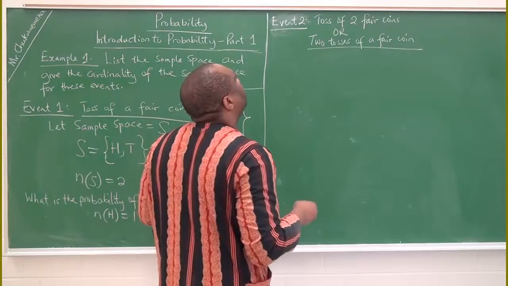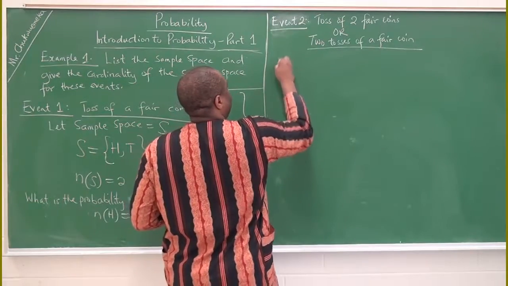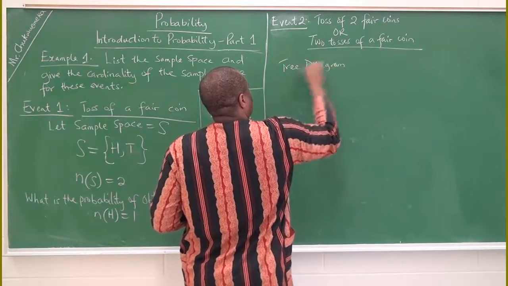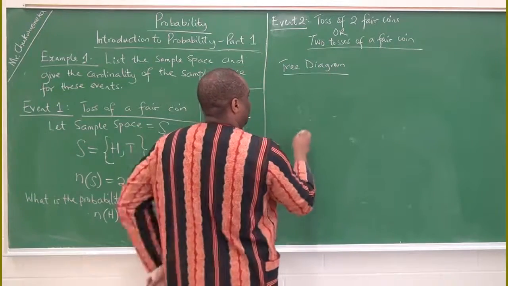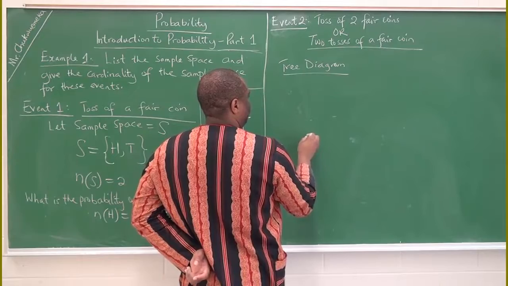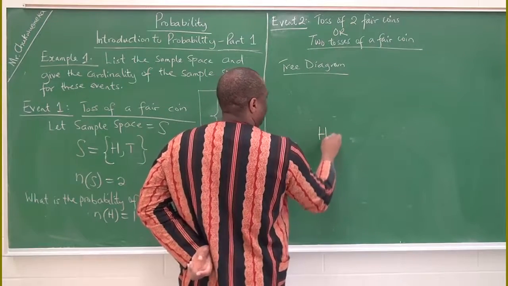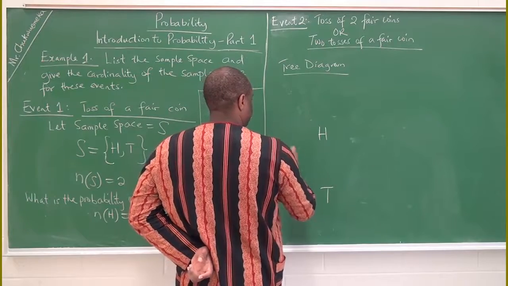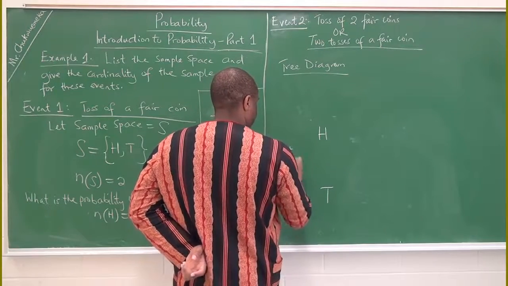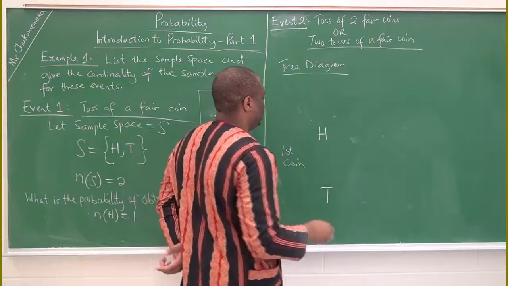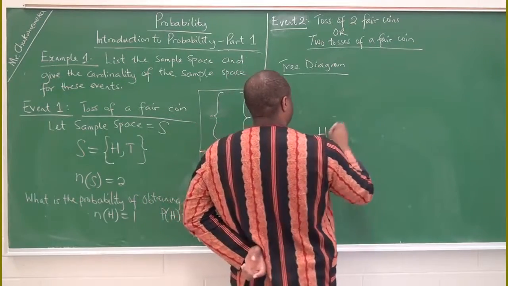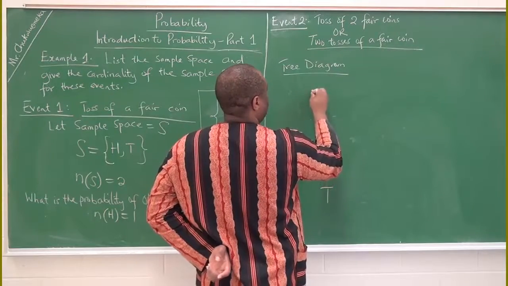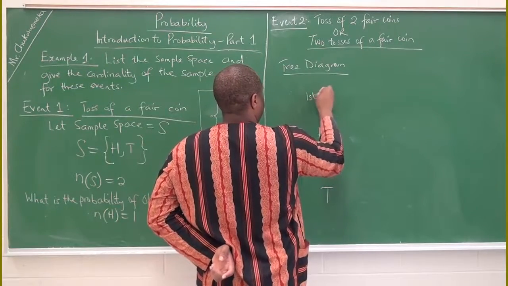So here, if we are using a tree diagram, you can have it this way. You have a first coin, head and tail. This is your first coin or first toss. And then for the second coin, here I call this first coin.